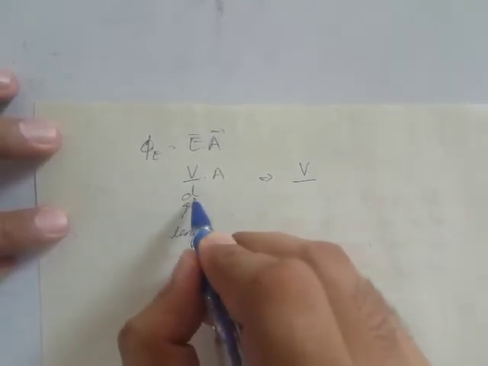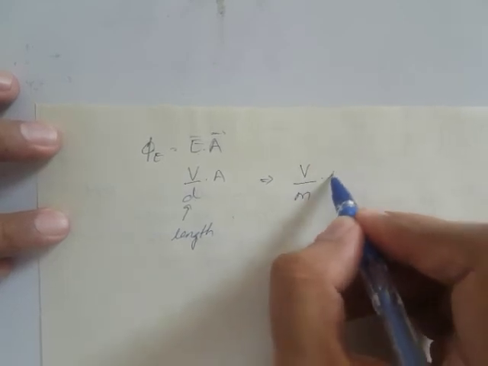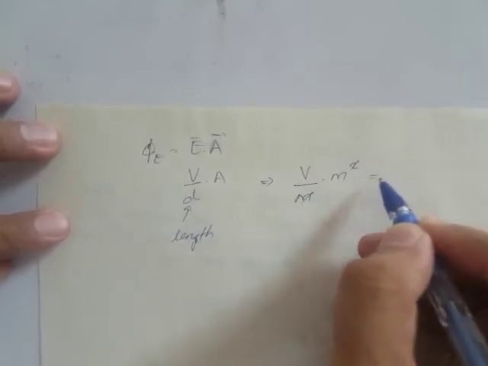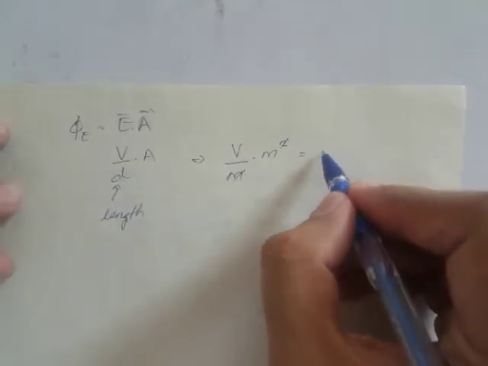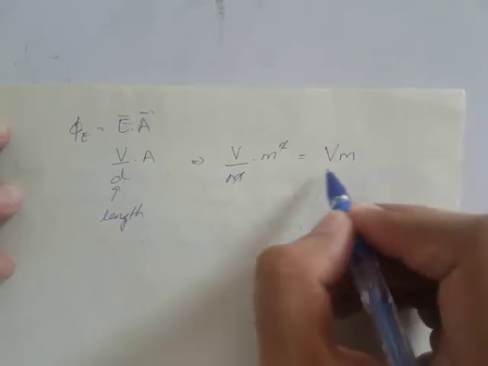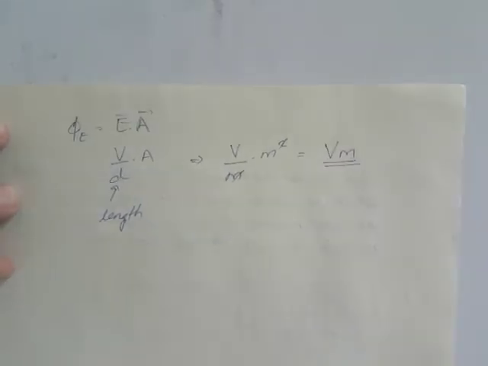Now d is in meter, area is in meter square, one meter cancels out, so another unit can be written as volt meter for the flux.